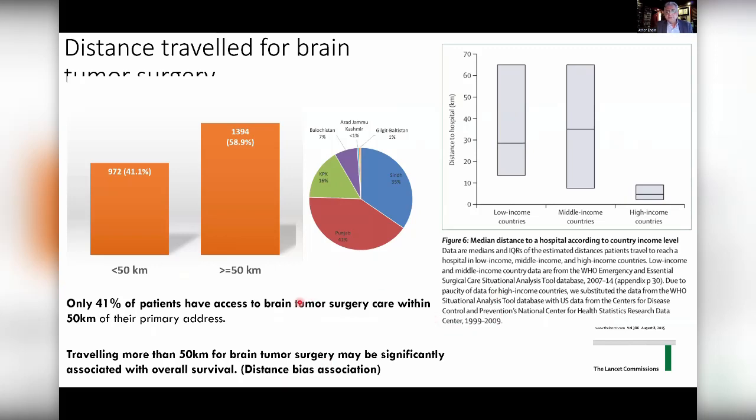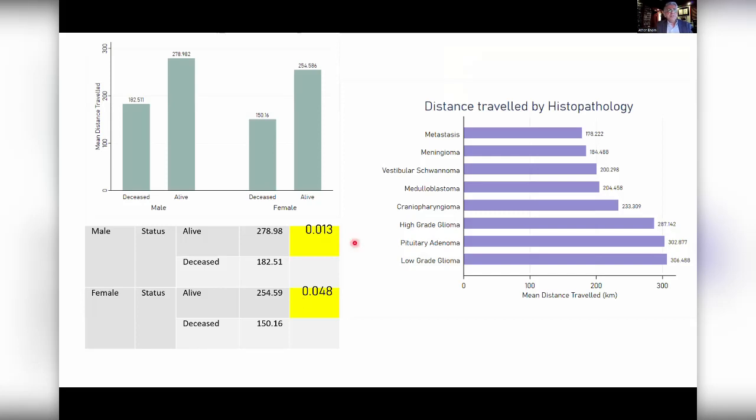That's a huge distance to travel. That also affects how you will follow up with those patients, because brain tumor is not a surgery or treatment where you just do it and that's it, it's done. You have to follow up on those patients. The distance traveled, if you look at it, here it is based on different pathologies.